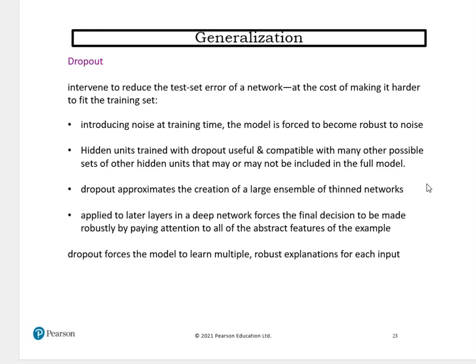Another explanation why dropout works is that dropout applied to later layers in a deep network forces the final decision to be made robustly by paying attention to all of the abstract features of the example, rather than focusing on just one and ignoring the others.